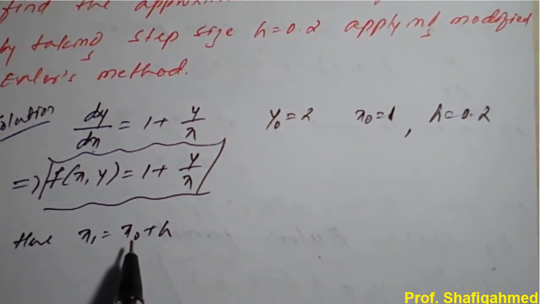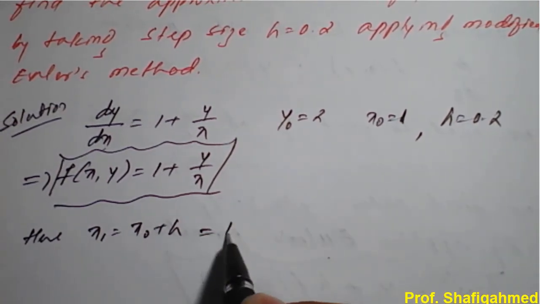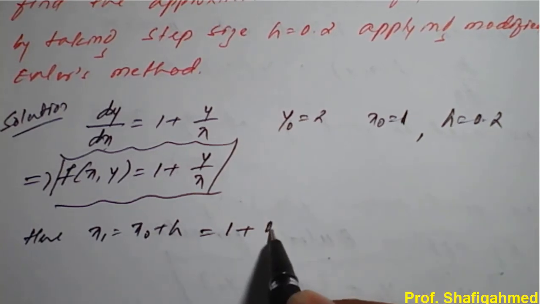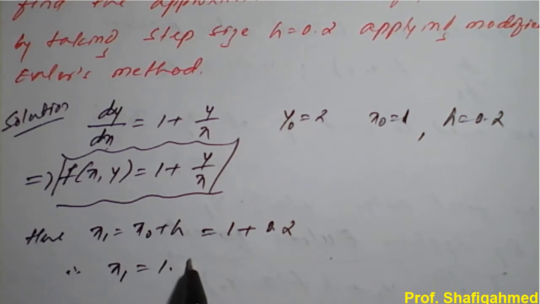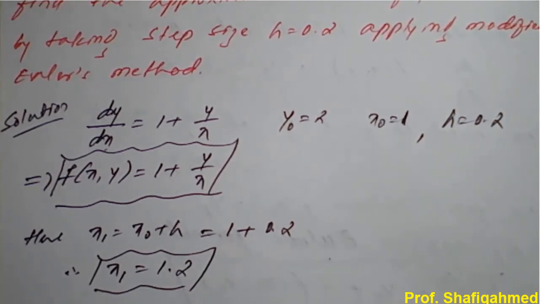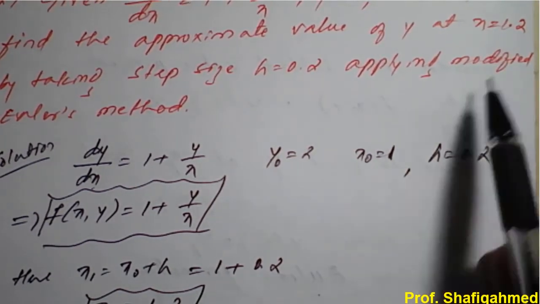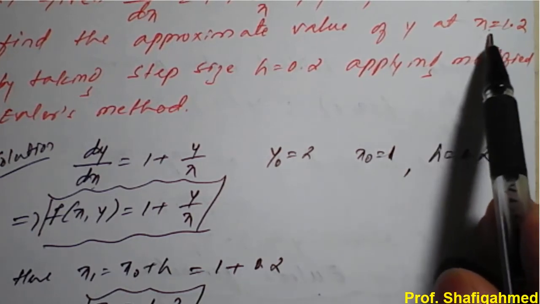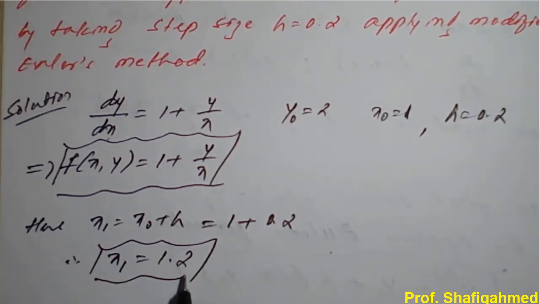The x0 value is 1, the h value is 0.2, so our x1 value is 1.2. This 1.2 fulfills the required value of x. So this x1 and the required x value, 1.2, are the same.